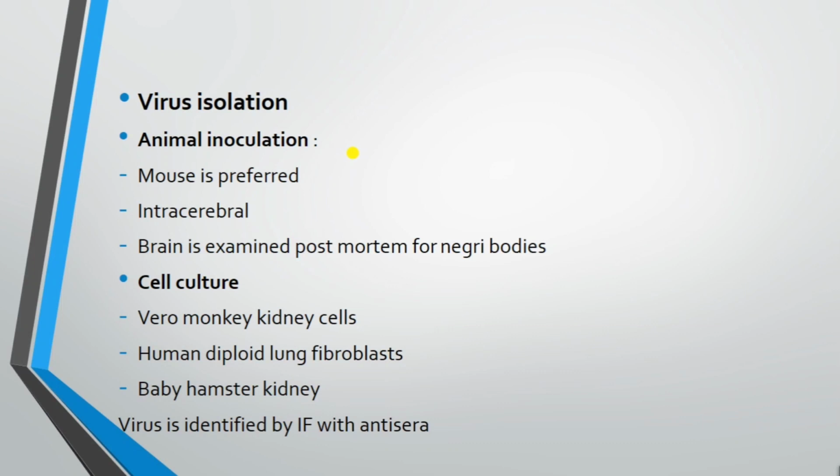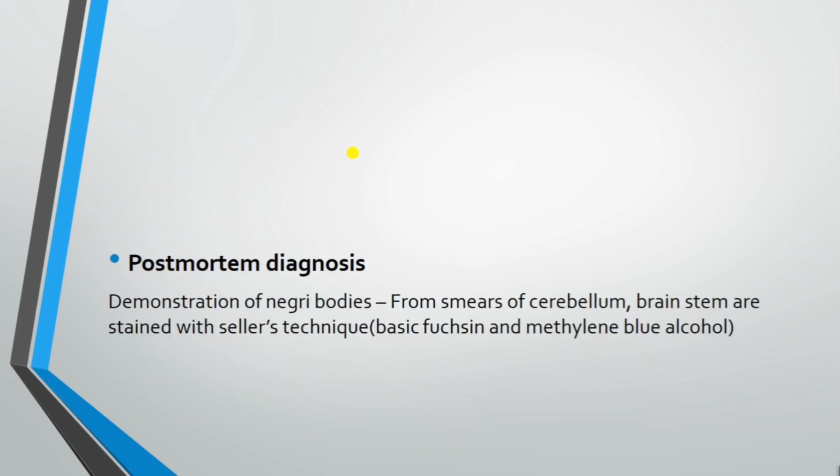Cell culture can be done in vitro, using monkey kidney cells, human diploid lung fibroblast, or baby hamster kidney cells. The virus is identified by immunofluorescence staining with antisera. And postmortem diagnosis can be done to detect the presence of Negri bodies from smears of cerebellum and brainstem, which will be stained with Seller's technique along with basic fuchsin and methylene blue in alcohol.